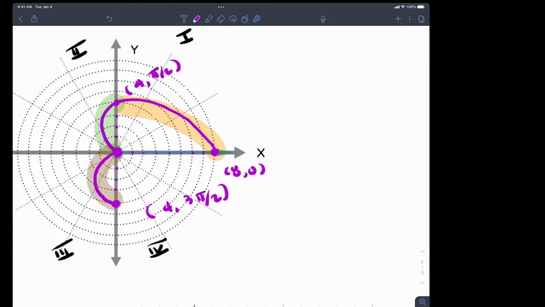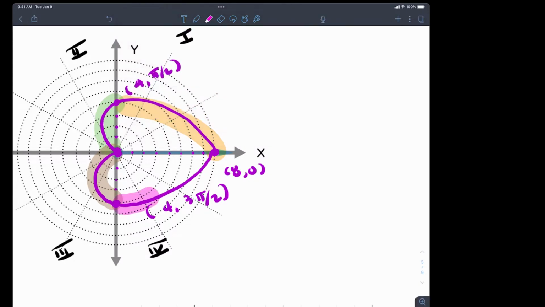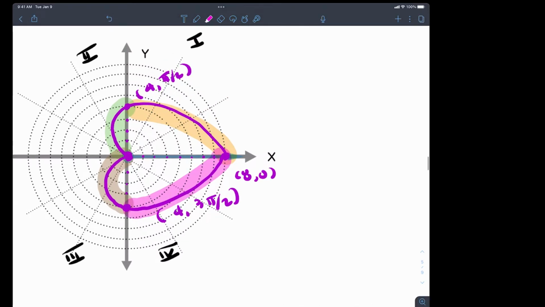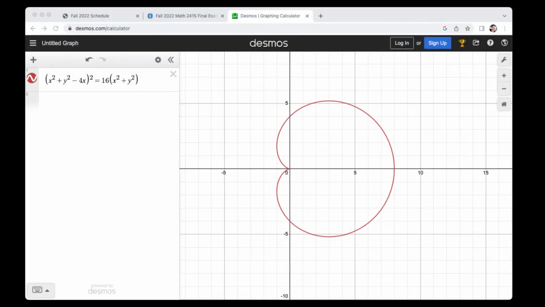Over here at 360, radius is 8. So I'm going to sketch the rest of my cardioid. This is quadrant 4. And as you can see, my art skills are not that great. This is why I like Desmos so much. Desmos has a nicer and more beautiful version of what I'm trying to express, and that's another cardioid.